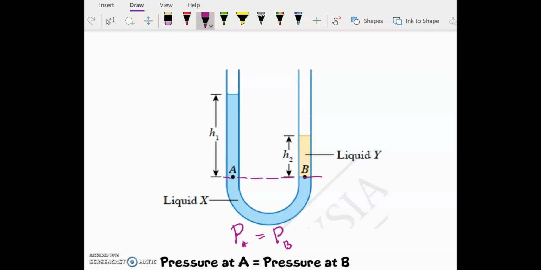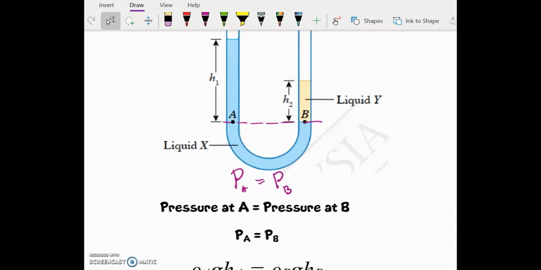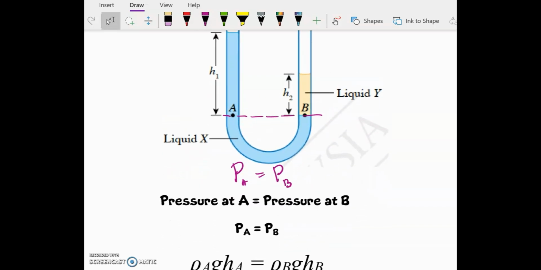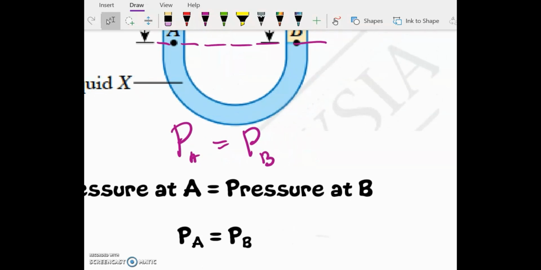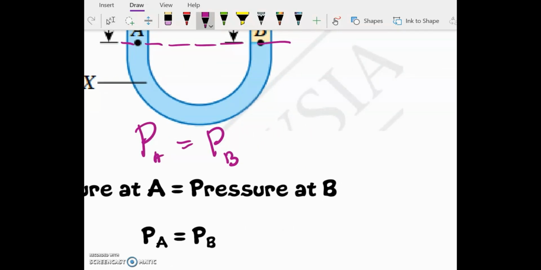At point B, it feels the pressure exerted by liquid Y, so you have to calculate using the density of liquid Y. Whereas for A, it experiences pressure exerted by liquid X, so you have to use the density of liquid X. So here we have pressure A equals pressure B, and let us break it down.